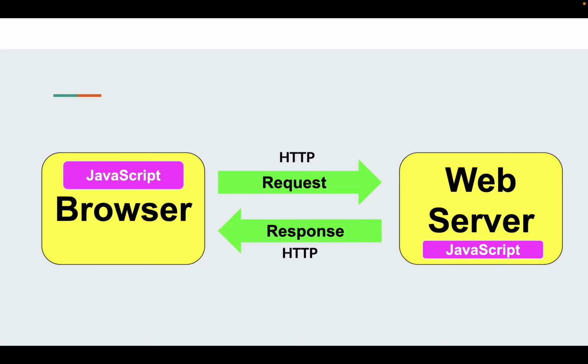For the browser, things like manipulating the DOM, manipulating the elements that appear on the web page, for example. On the web server, there are other things that need doing.